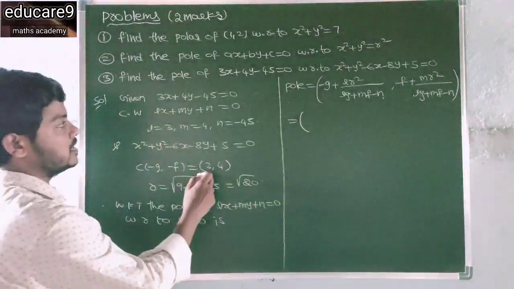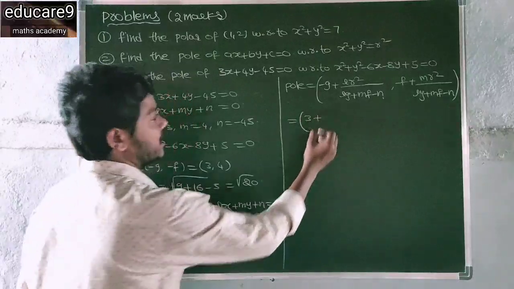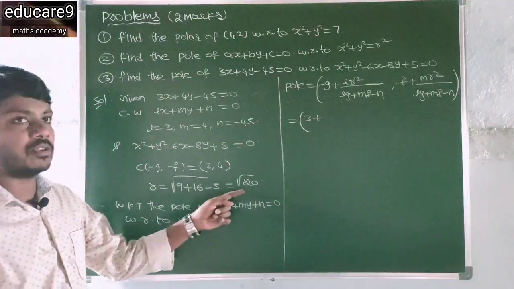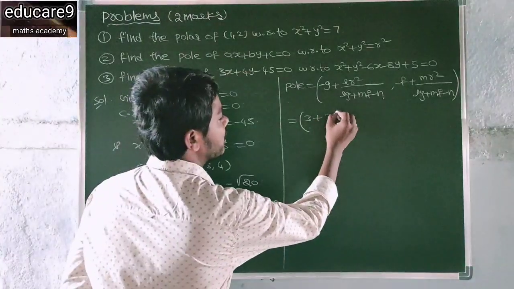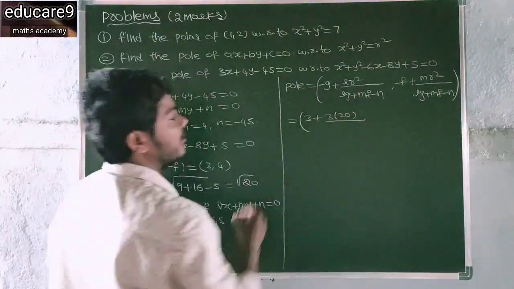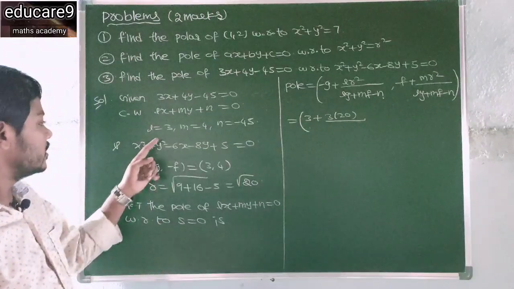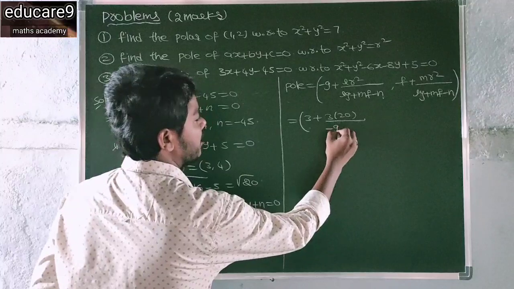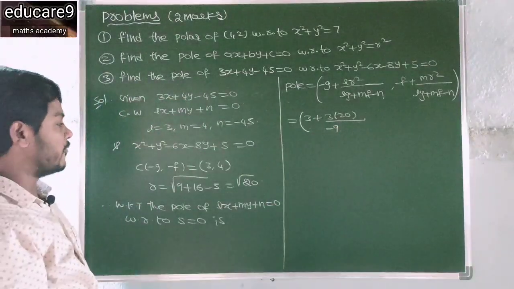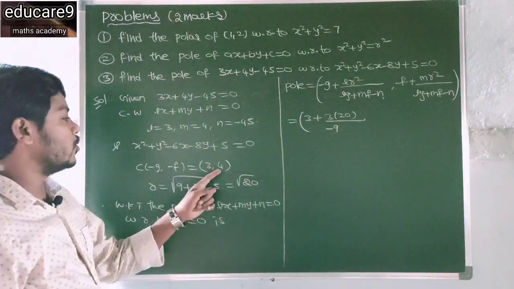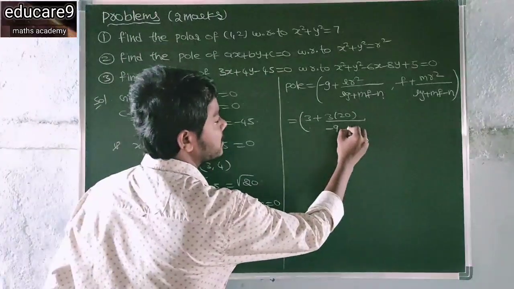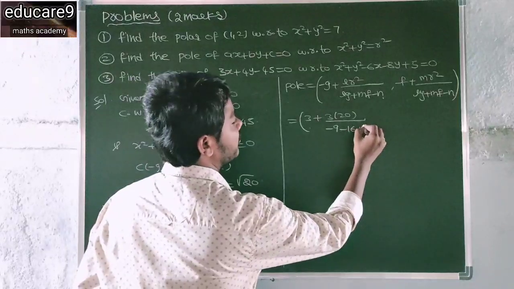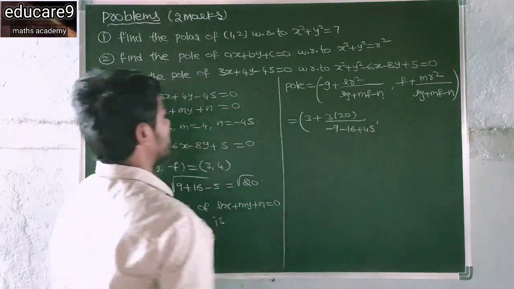Minus g, that is 3, plus l r square. l is what? 3 into r square, 20. So 3 into 20 divided by lg. So 3 into minus 3, that is minus 9, plus mf, 4 into minus 4, minus 16, minus n, that is plus 45, and minus f.